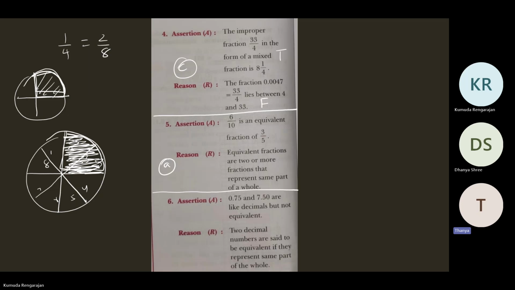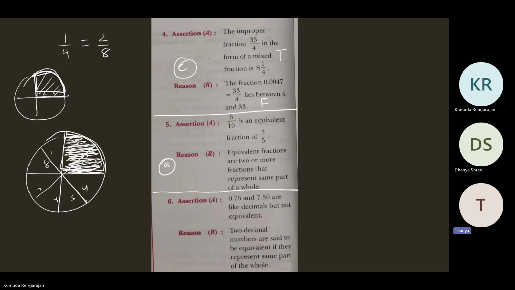I cannot understand the question. Okay. So think and tell me what are like decimals. Recall what are like decimals and unlike decimals. Like decimals are the ones given in the question. 0.75 and 7.50.